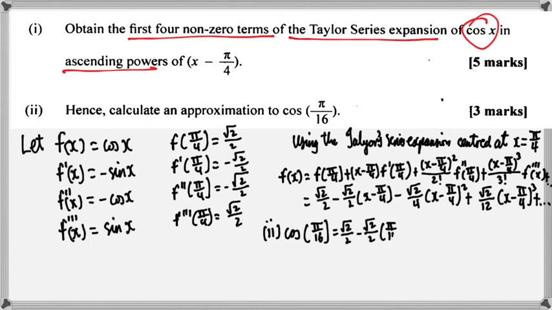So this is it here, and you notice wherever I had x, I replaced it with pi on 16 in this line here. Take a look. Pi on 16, you would see it here, pi on 16 here. That's basically what I did.